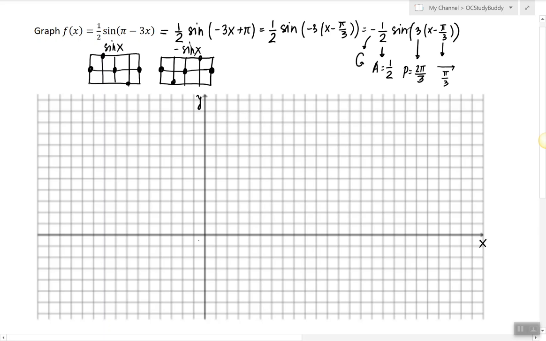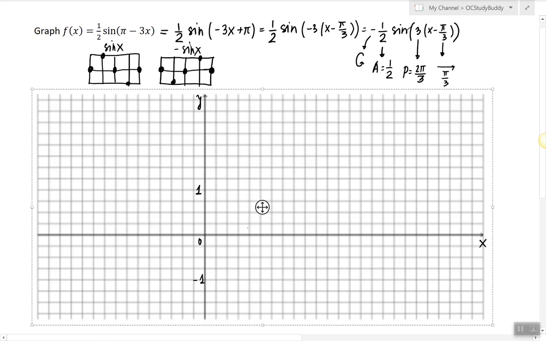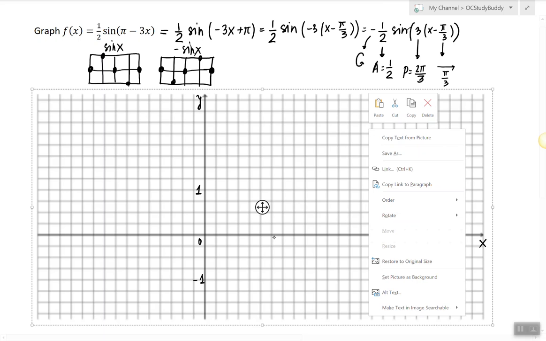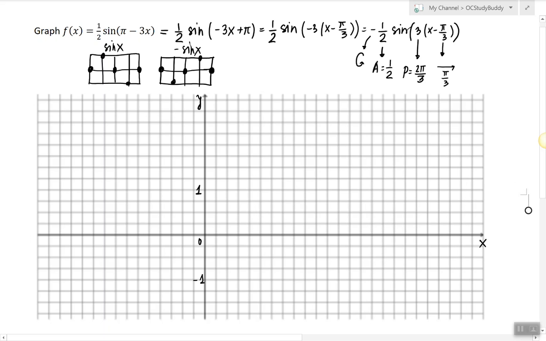So vertically, 1 unit will be 4 squares. And horizontally, since we're using pi over 3, maybe I'll define 1 pi to be 12 units.